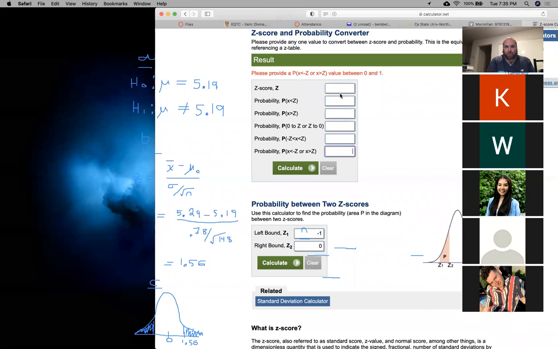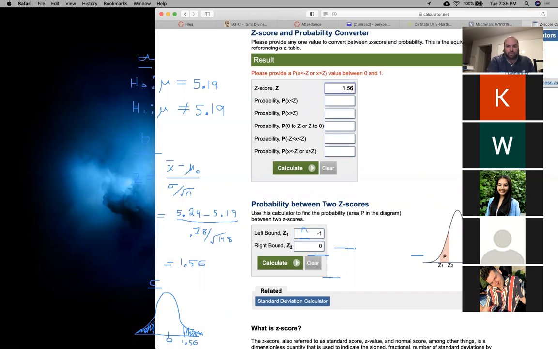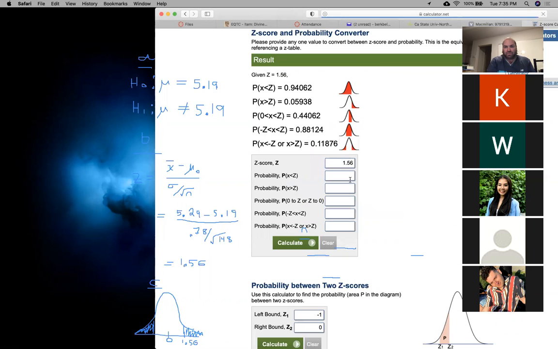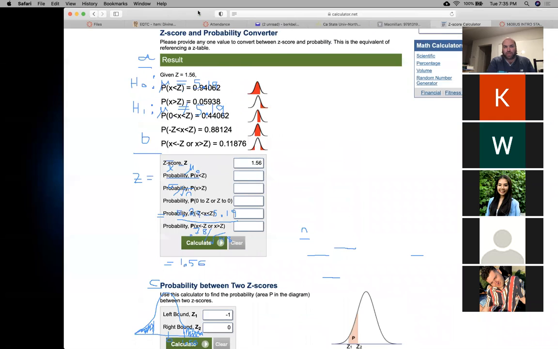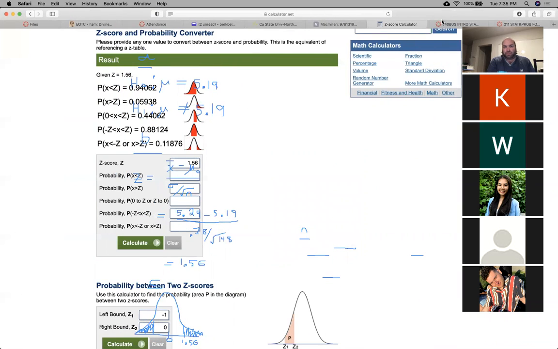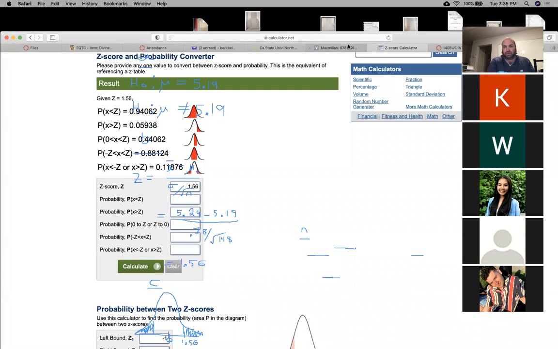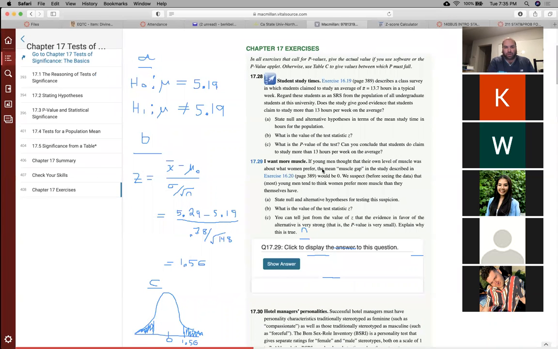Okay, I guess what we want is, z is 1.56, and we want to calculate this last box down here. So we get 0.11876, which you can see is the shading on the right and the shading on the left. So our p-value is 0.11876.